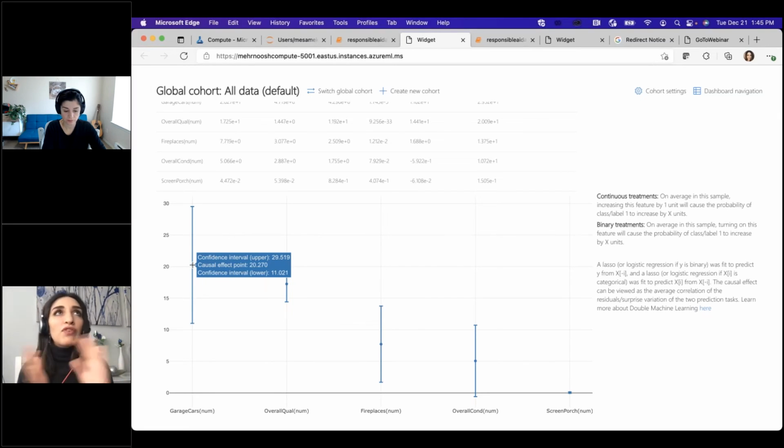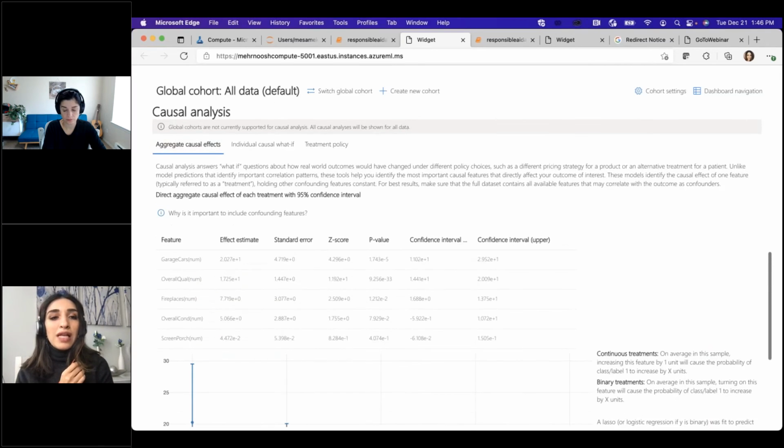So overall, if I'm a developer with so many houses in the market, if I go ahead and add 1 more garage car to each one, this is the average gain, 20.2K, that I'm going to see in the price bump. So that's that. You can look at others, and there are also confidence intervals showing how much you can trust that calculation.